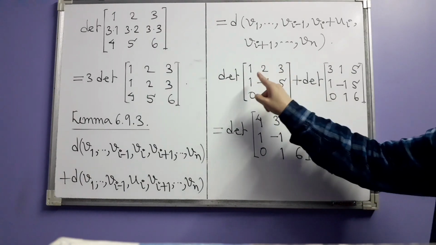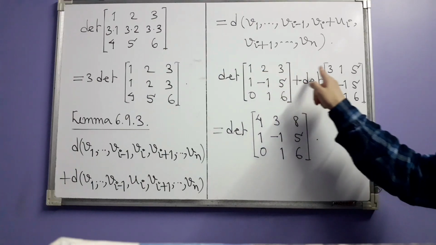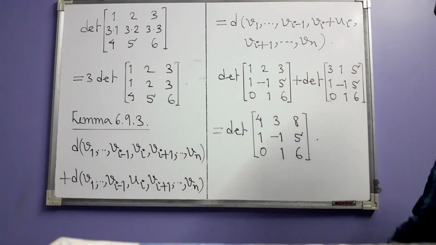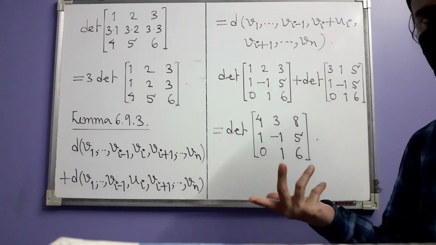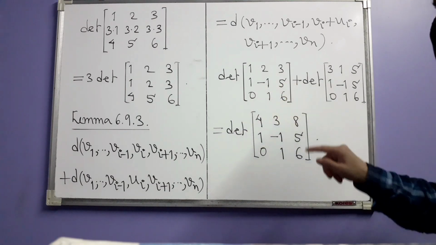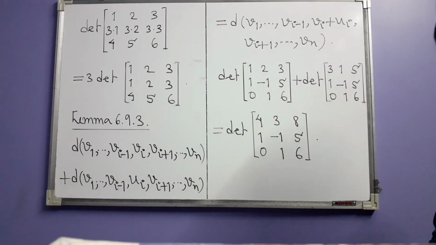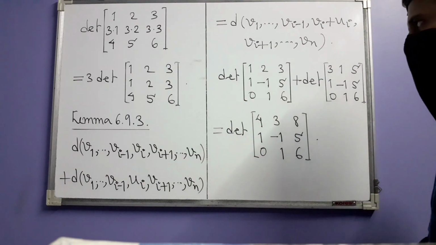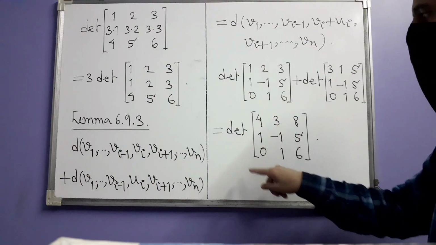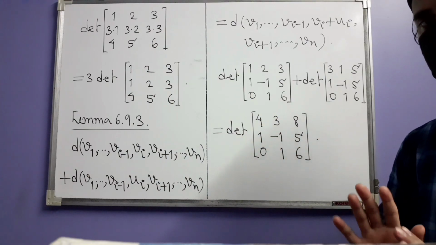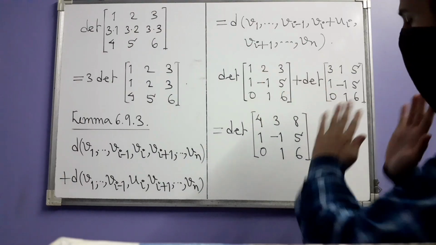The first row in this matrix is 1, 2, 3. In this matrix however it is 3, 1, 5. You can see that the other rows are the same. Same means corresponding rows are same: 1, minus 1, 5 and 1, minus 1, 5; 0, 1, 6 and 0, 1, 6. So what this tells us is that this sum will be equal to the determinant of a new matrix. And that new matrix is not the sum of these two matrices.